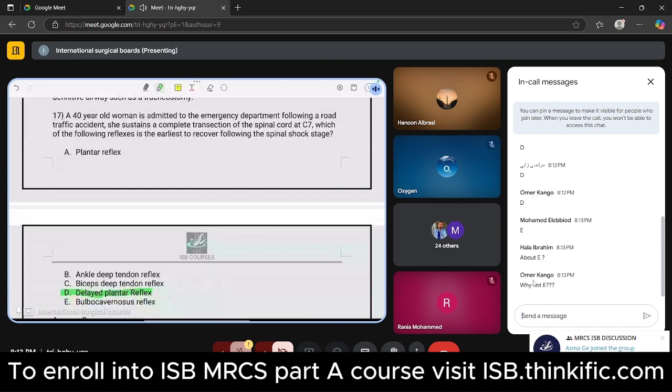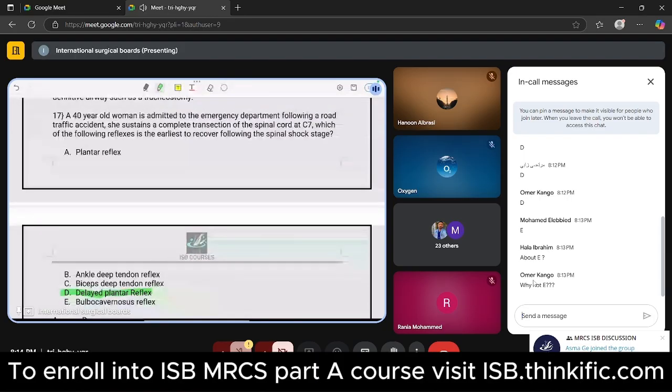Dr. Hala said, what about E, the bulbocavernosus reflex? I agree. The bulbocavernosus reflex is the most clinically relevant reflex that returns in the spinal shock stage. When it returns, it means this patient is no longer in spinal shock, and you can now formally test for sacral sparing.